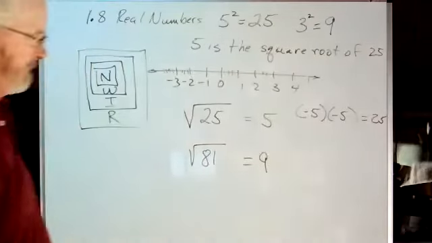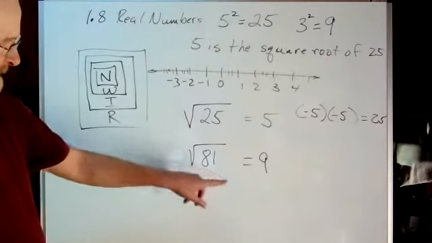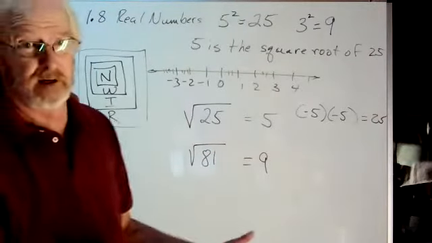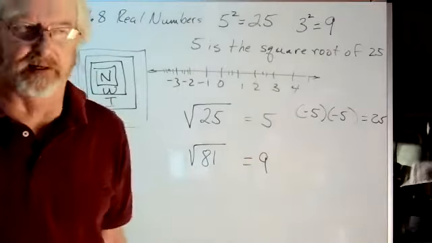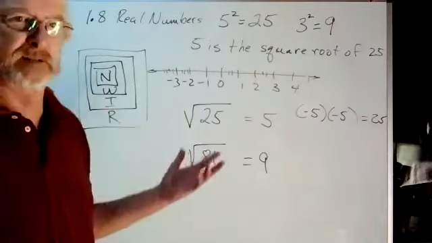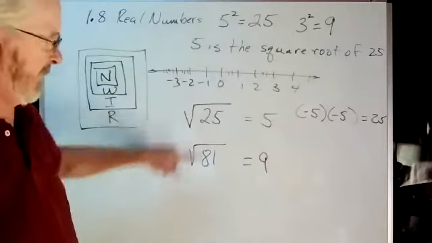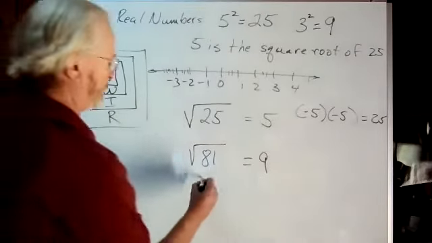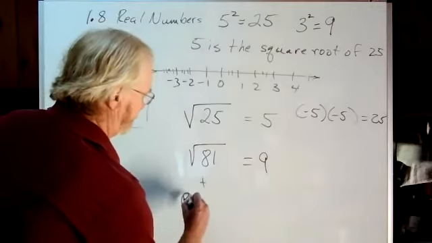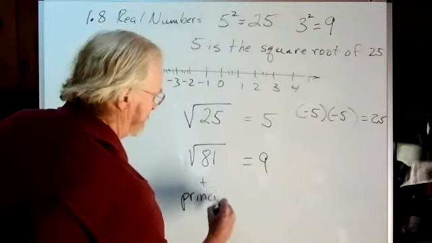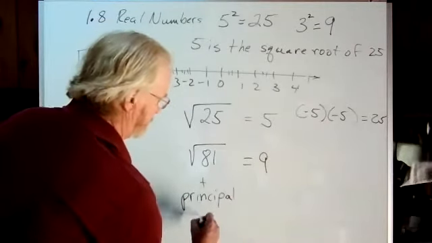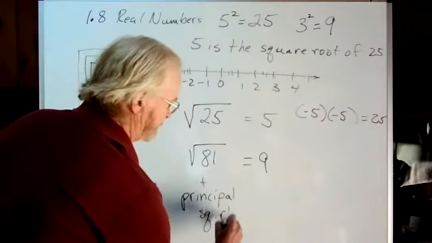So I could square a 9 or negative 9 and get 81. Well, how do we notate that? We just decide this symbol always means the positive value, and we refer to it as the principal square root.